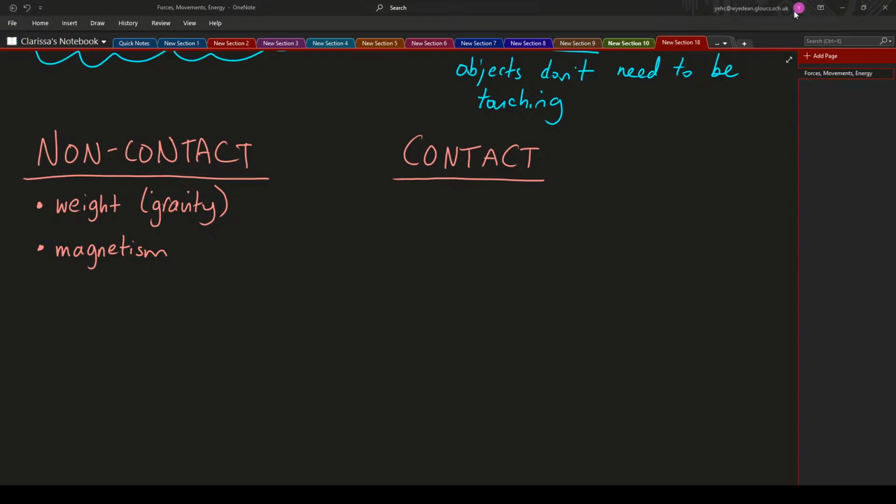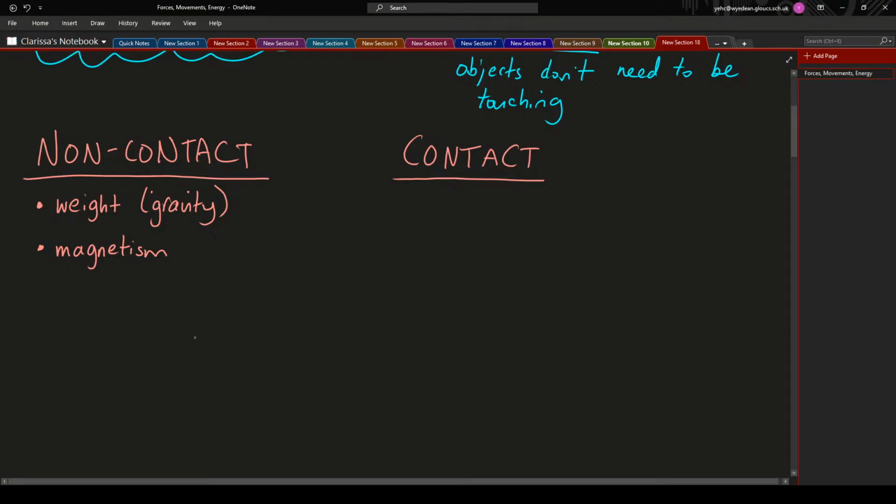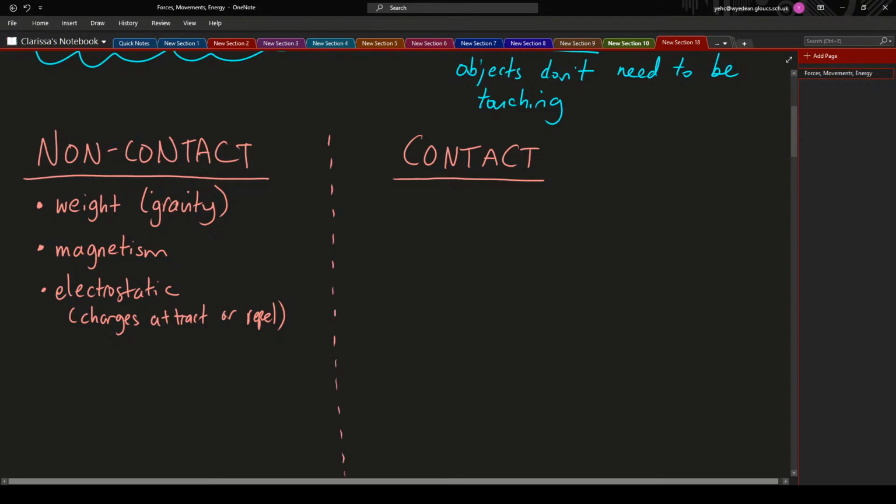Oh yeah, and in the same case with magnetism, we also have electrostatic, for example, charges attracting or repelling. But you don't have to worry about electrostatic too much until GCSE level.